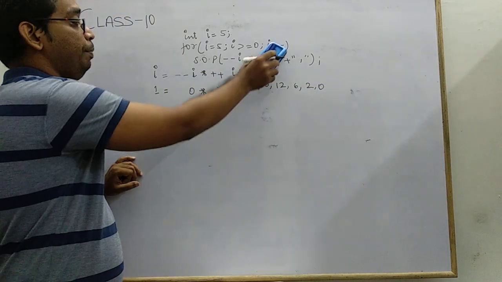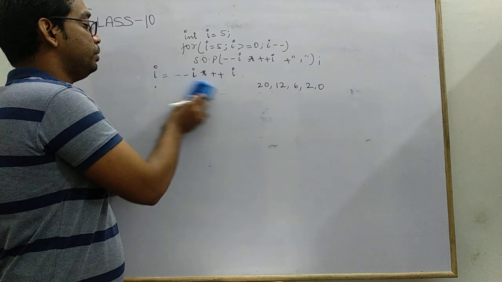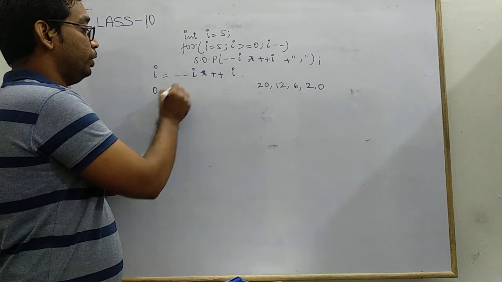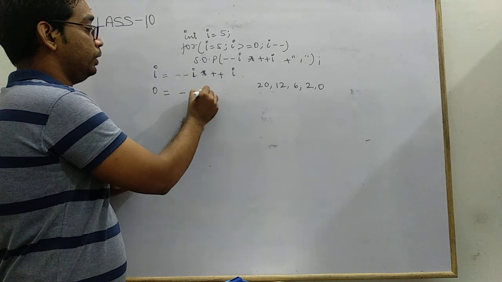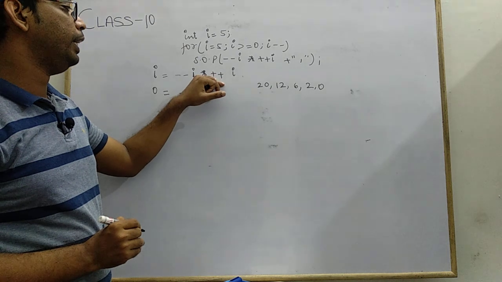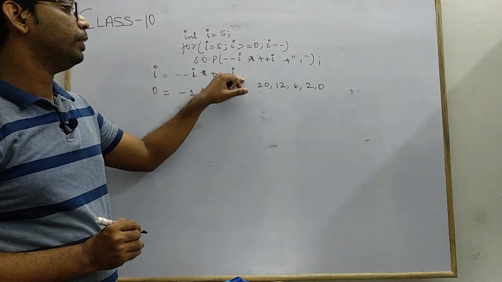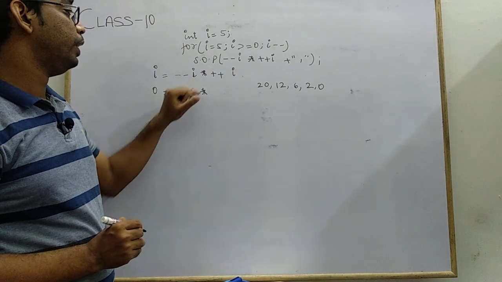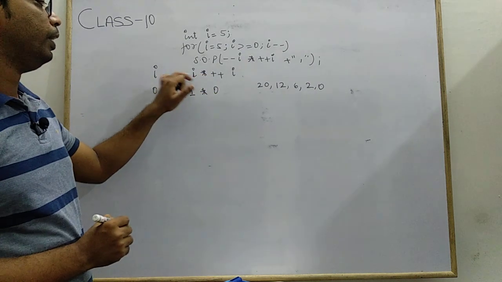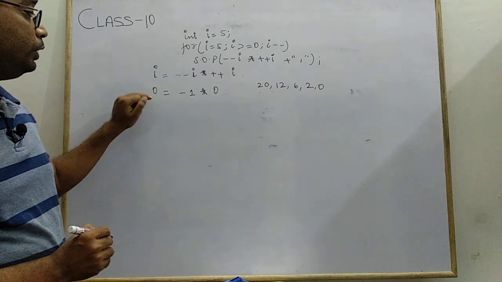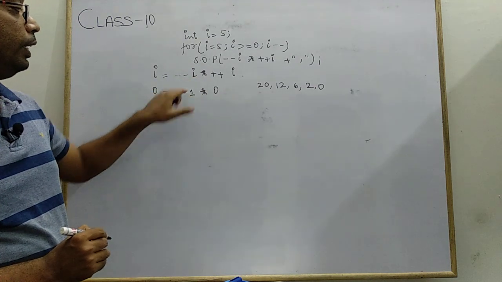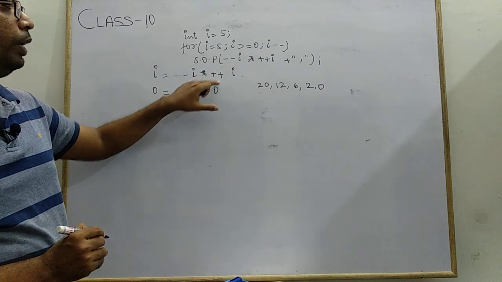Now again i--, the value of i becomes 0. --i is minus 1 into ++i. How does minus 1 come? 0 minus 1 is minus 1. Minus 1 plus 1 is 0.